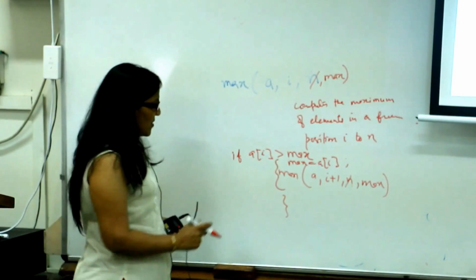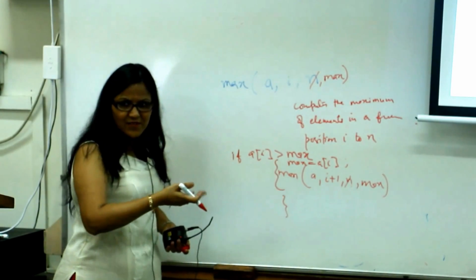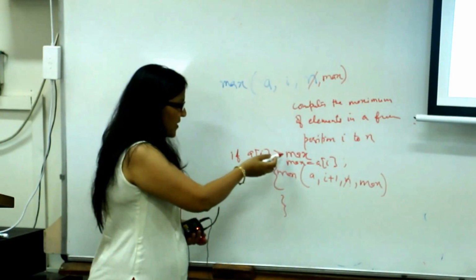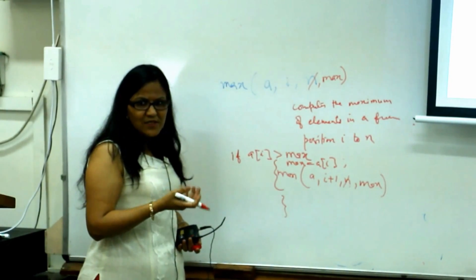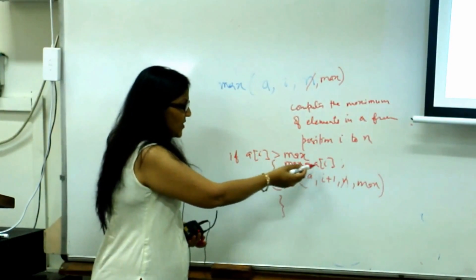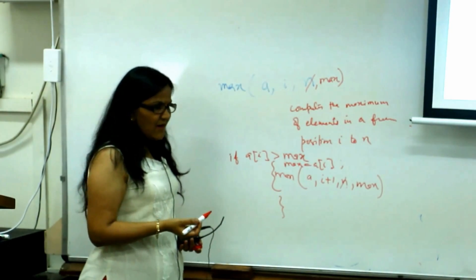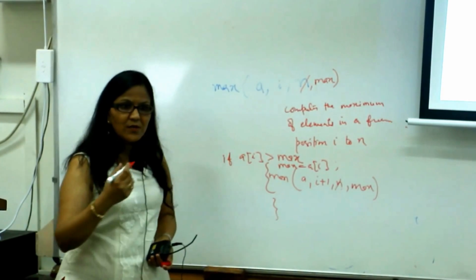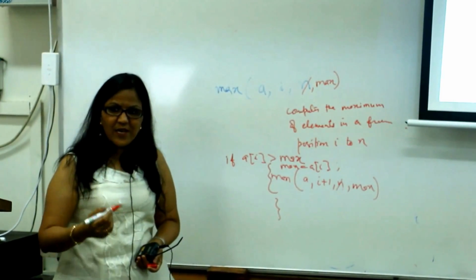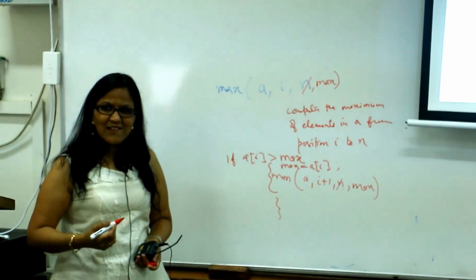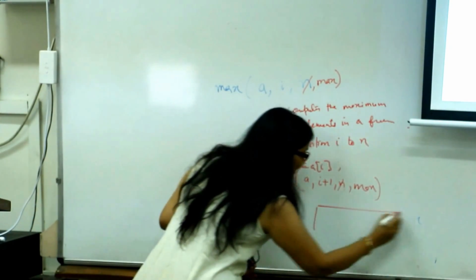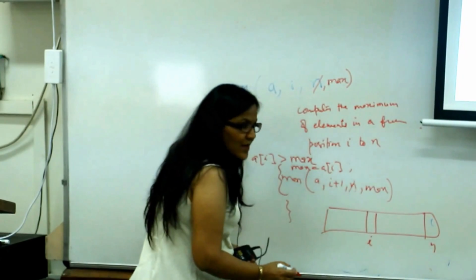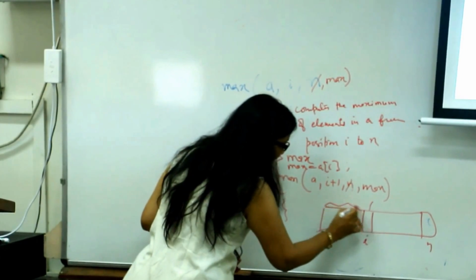So the idea here is that you are comparing A[I] with the current max. If A[I] is greater than the current max, then you set max equal to A[I]. Otherwise you call look for maximum in I plus 1 to n. So the idea is that you are looking at it from I to n.